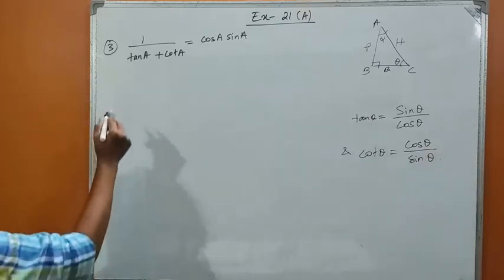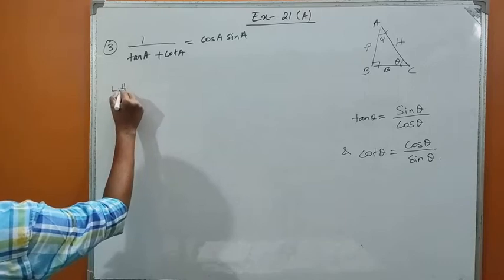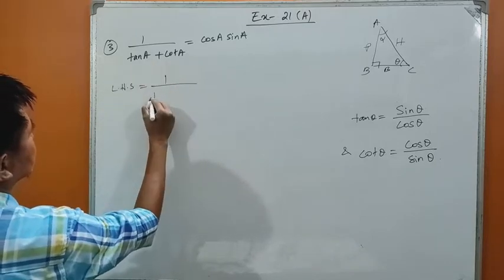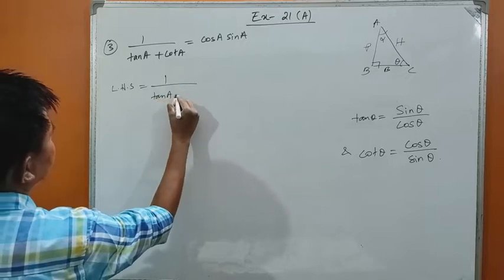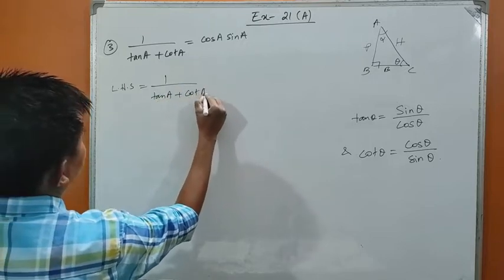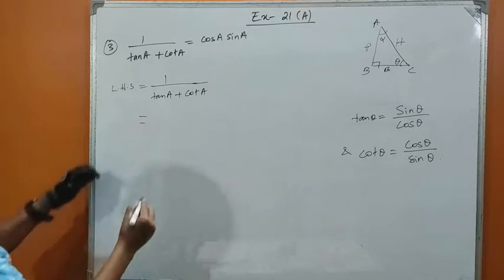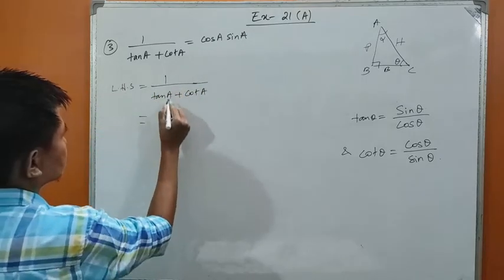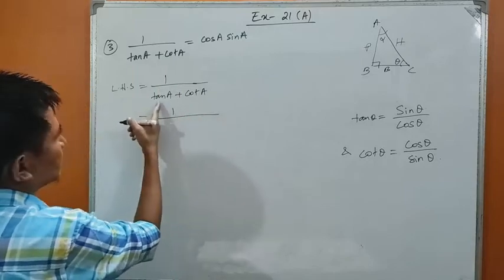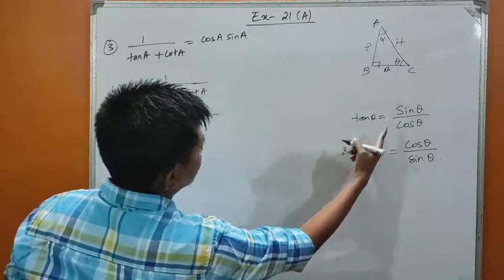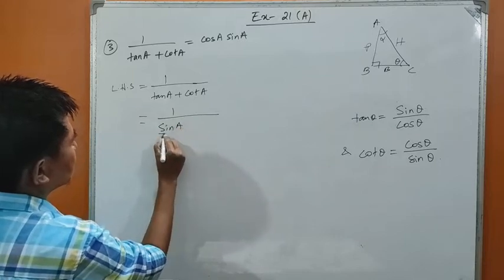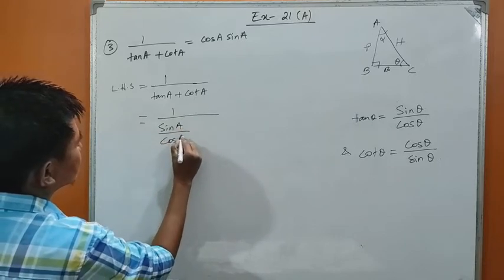In the left hand side we have 1 upon tan A plus cot A. We are going to use this and prove this. So tan A means sin A upon cos A.